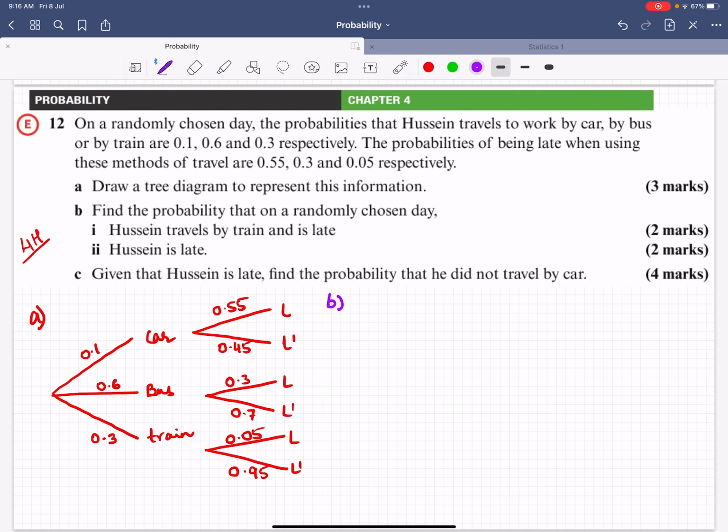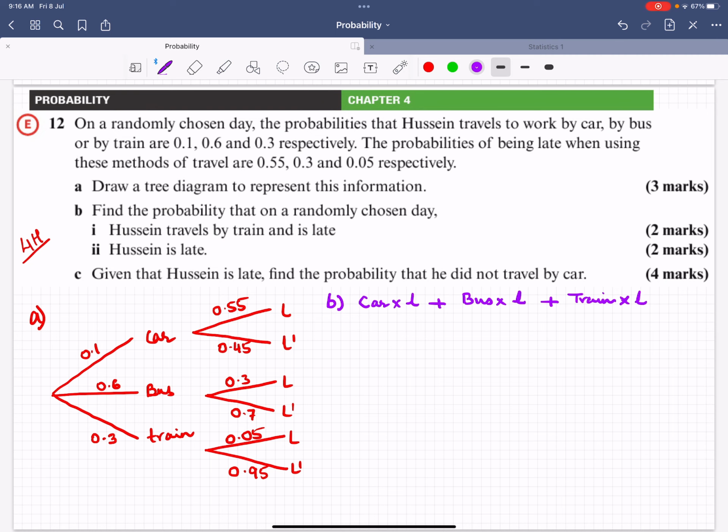So we need to write all the three options: the probability of him traveling by car and being late, or by bus and being late, or by train and being late.